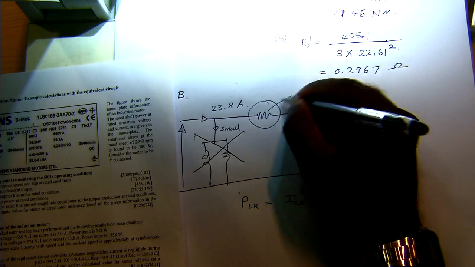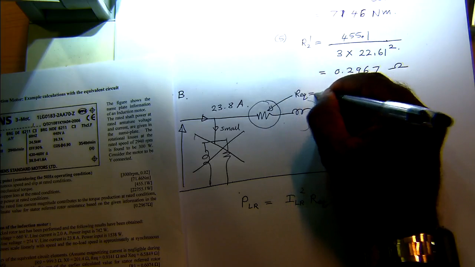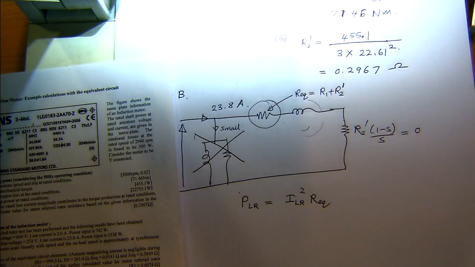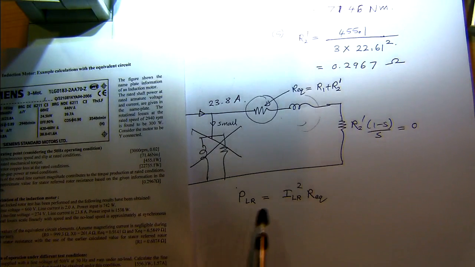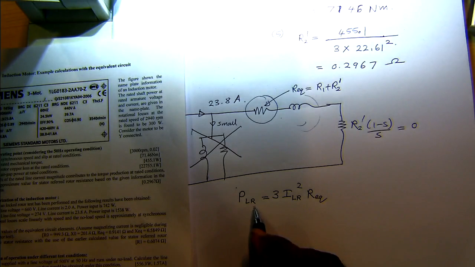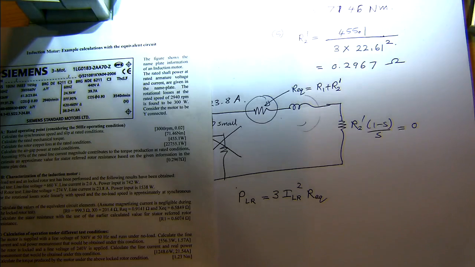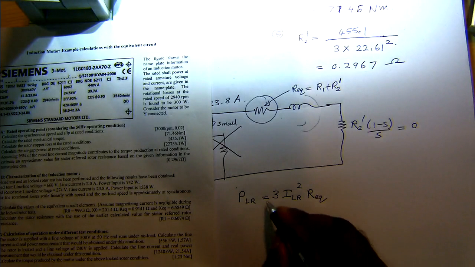So this includes the R1 plus R2 prime, the total combined resistance of the stator and the rotor, which is referred to the stator. Since we are dealing with a 3-phase machine, you need to consider 3 times this, 3 phases. And this value is given as 1538. That's the 3-phase power.